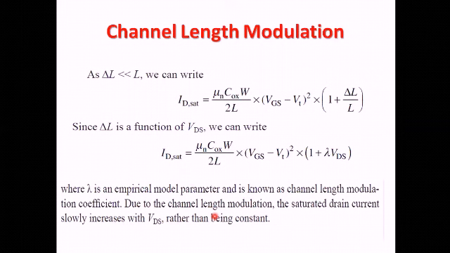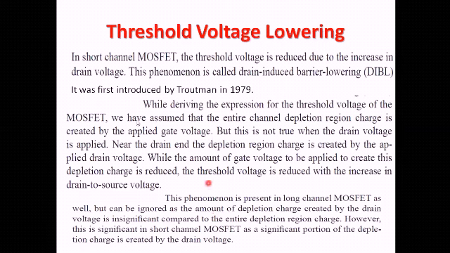Now, let us move to the threshold voltage lowering. In the short channel MOSFET, the threshold voltage is reduced due to the increase in drain voltage. This phenomenon is known as the drain-induced barrier lowering, or in short, it is called DIBL.